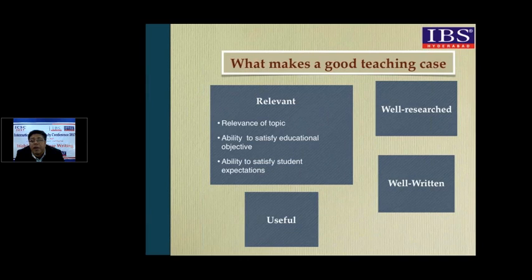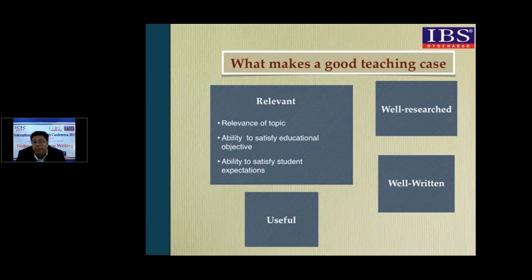I'm sure some of you may be thinking of writing a case on innovation, but if it comes across that the case has everything to do with other things but little to do with innovation, probably that case is not relevant for the topic at all. So one should look at the relevance of the case very thoroughly when they are looking at finding a good topic for the case.